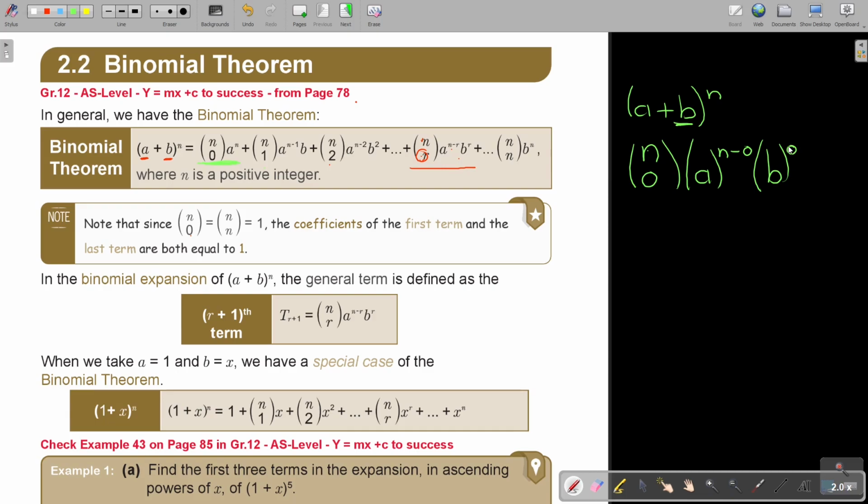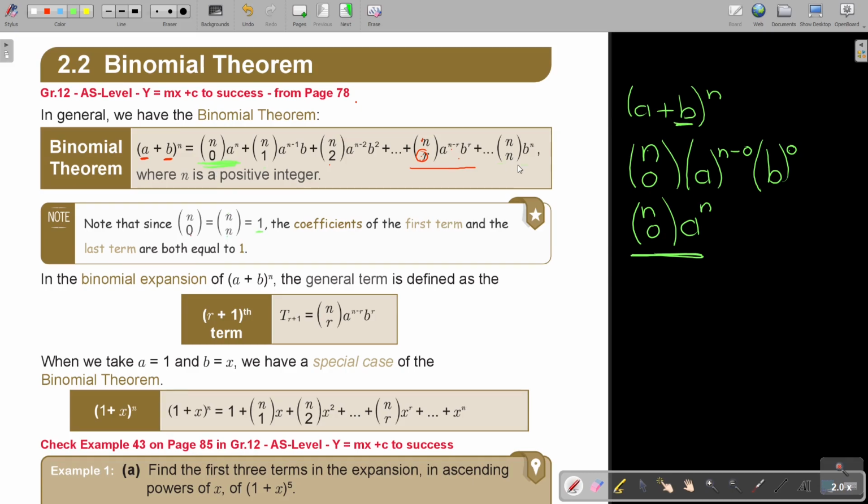If I simplify this, I get n over 0, and a to the power of n, and anything to the power of 0 is 1. That is why the second term in that bracket just becomes 1 and does not appear.